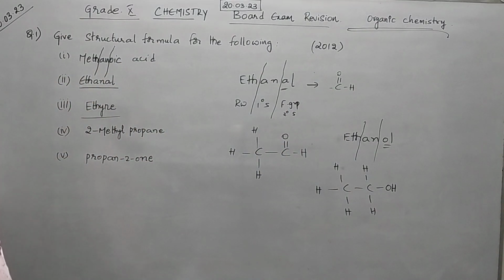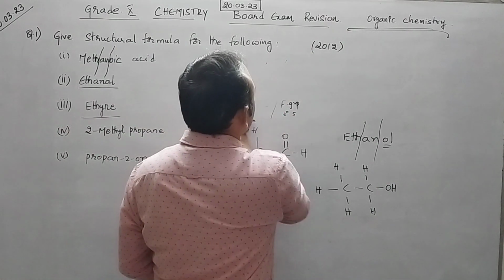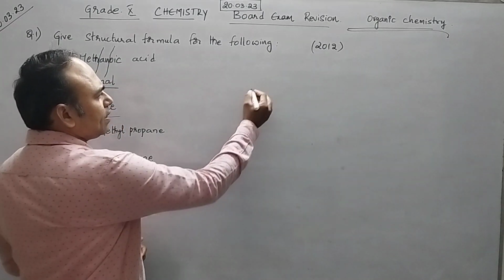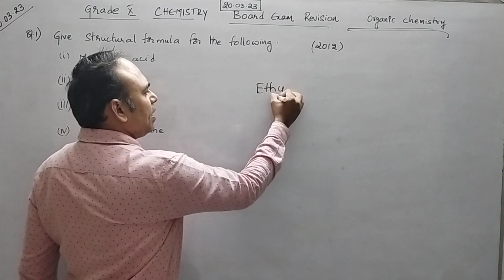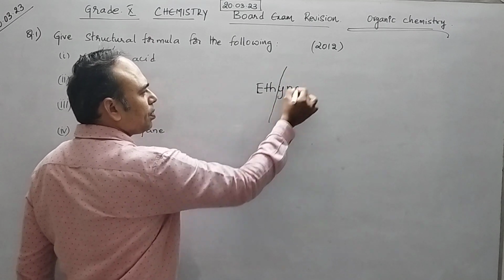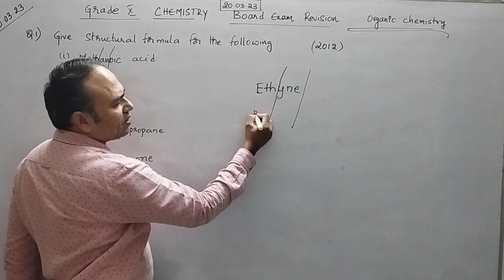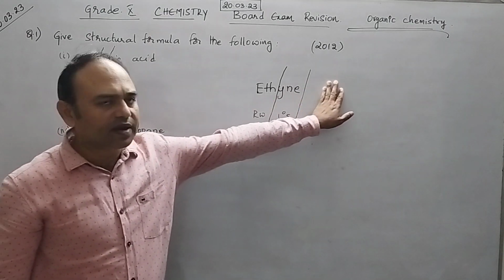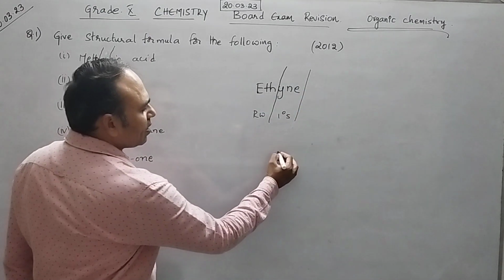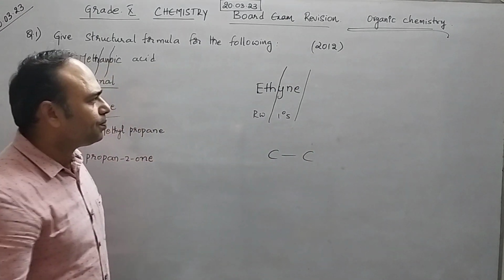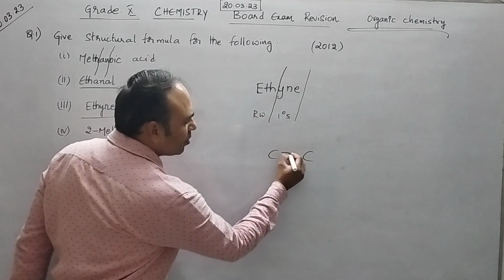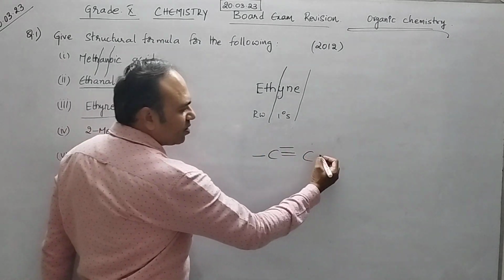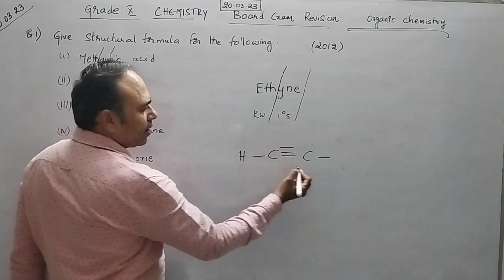Now the next one is ethyne. Very simple. If you write the name, now split it. Here eth is the root word. YNE is the primary suffix. There is no functional group given here. Hence we write like this. 2 carbons you write first. Then YNE represents a triple bond. Now the valency of the first carbon and the second carbon is satisfied, and write hydrogen.